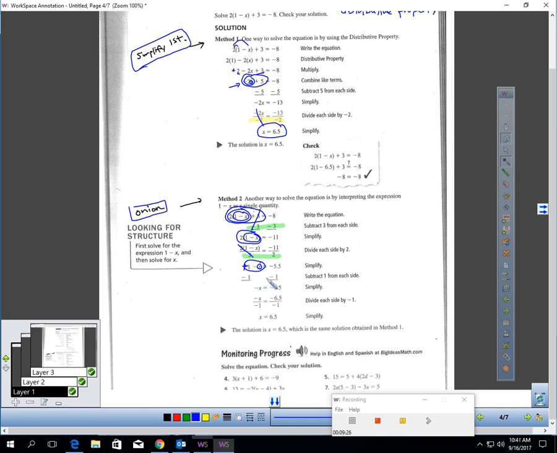So take away the 1, which leaves you negative x equals negative 6.5, and then divide each side by negative 1 to get rid of the negative in front, and you get positive 6.5, and you notice you're getting the exact same answer. Some problems it's easier to simplify first. Some problems it's definitely easier to use what I would call the onion method, just to peel away one layer at a time. Just solve for the expression first, and then solve for x after.